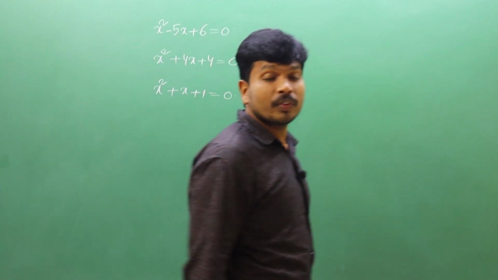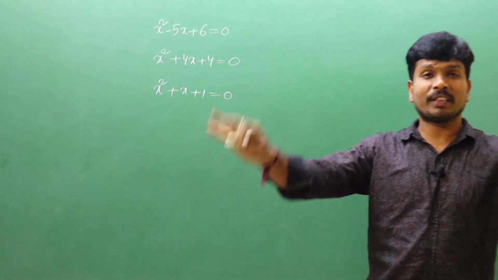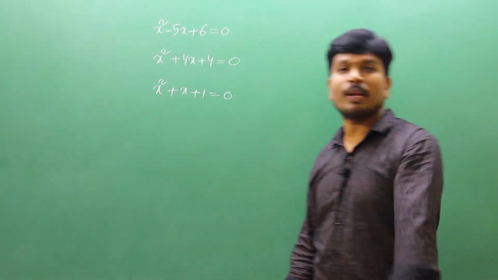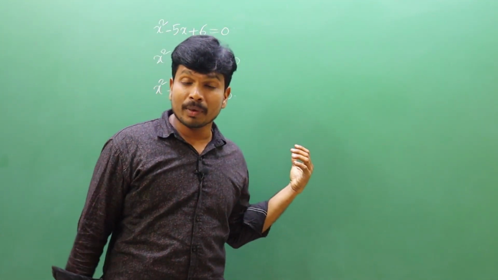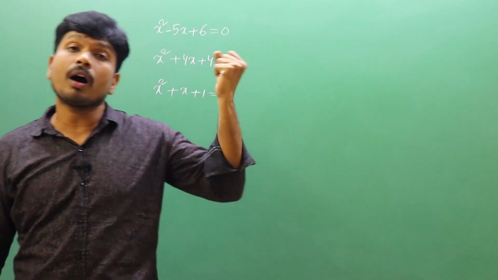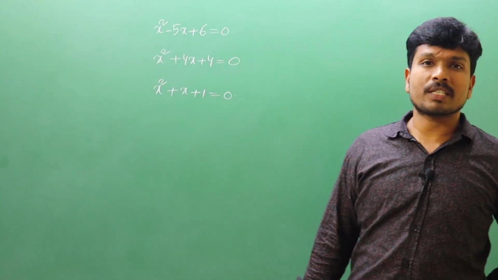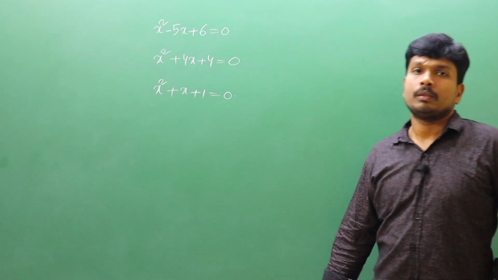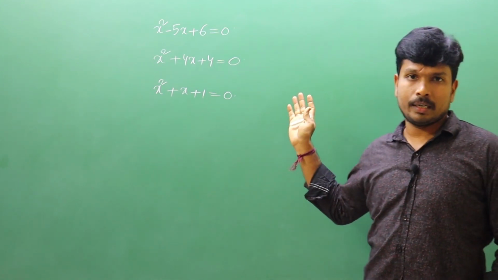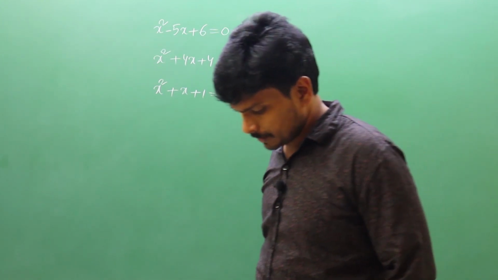Find the roots of these equations using any method you wish. Just use only one method, whatever it may be, either formula method or factorization method or completing the square method. Any one of them you use and tell me the answers.